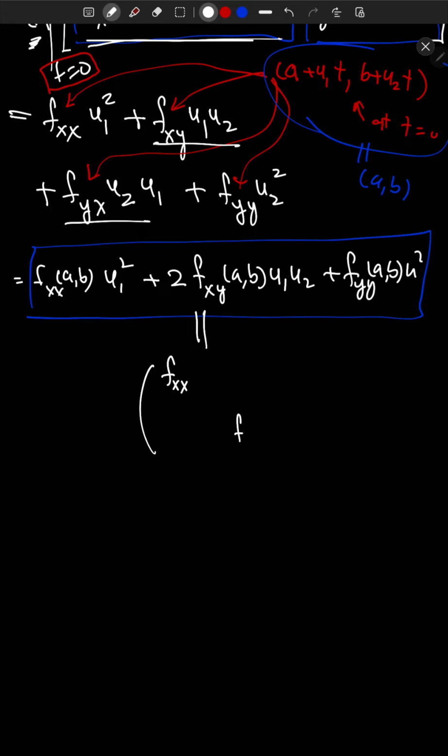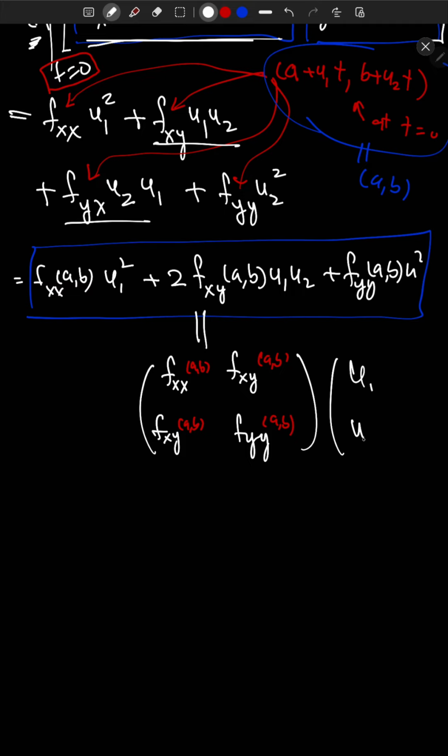fxx, fyy, all of this is at a, b. fxy, this is a matrix, all at a, b. Again, I want to emphasize the fxx, fyy, fxy, and fxy here, but I do want to stick in the a, bs just as a reminder. This is just a constant number. Times u1, u2, that gives me a vector.